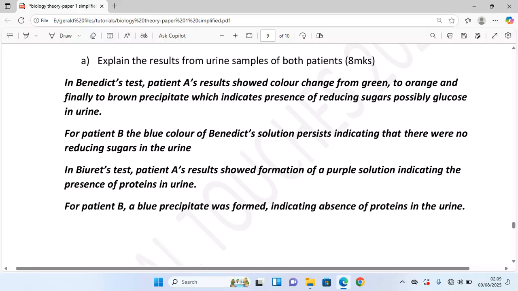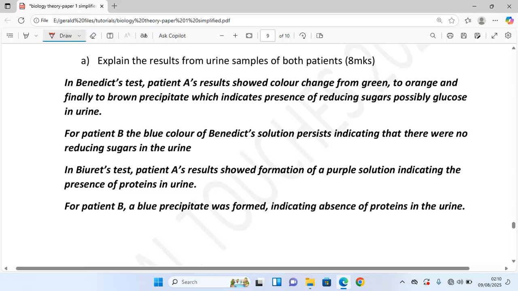In a Benedict test, patient A's result showed color change from green, orange through brown, which indicates presence of reducing sugars, and that is possibly the glucose in urine. Then for patient B, the blue color of Benedict persisted, indicating that there were no reducing sugars. That's what we have just said. In a Biuret test, patient A's result showed the formation of purple solution, indicating presence of proteins, while patient B's sample didn't show any proteins in it.